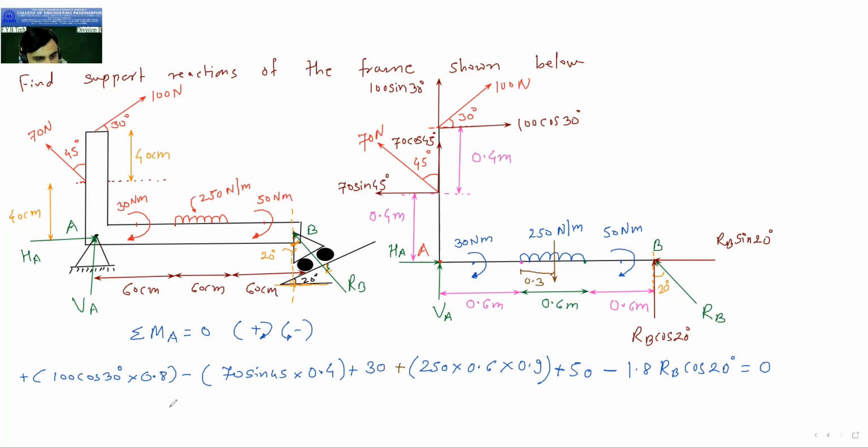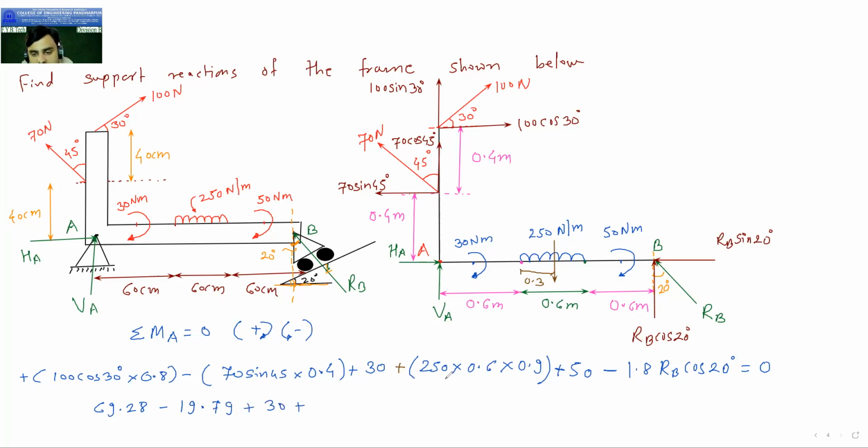So first bracket, 100 cos 30 into 0.8. 69.28. Minus 70 sin 45 into 0.4. 19.79. Plus 30.